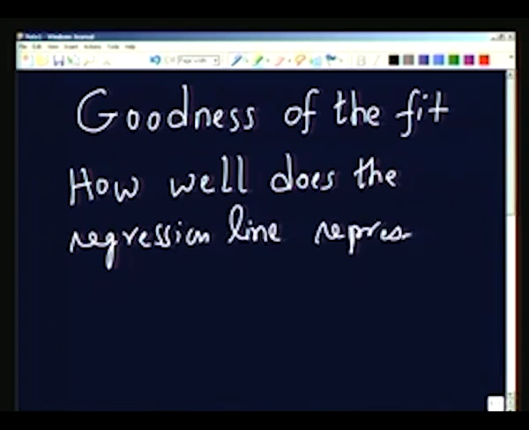So in order to look at that, in order to do that, I must look for some internal consistency or some parameter which is internal to this procedure, which is going to indicate to me whether the fit is good or not good.